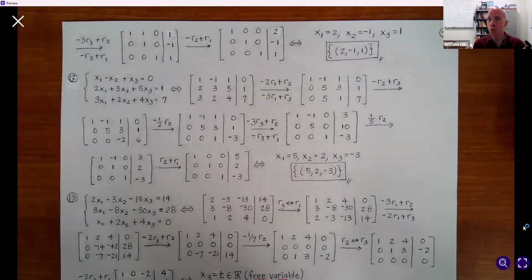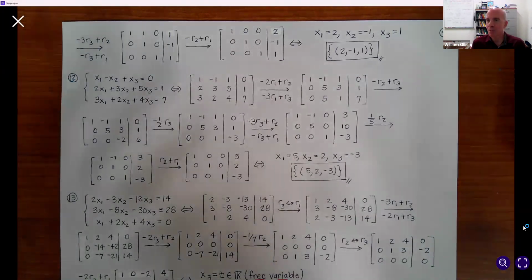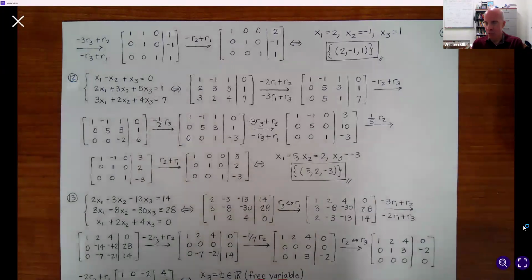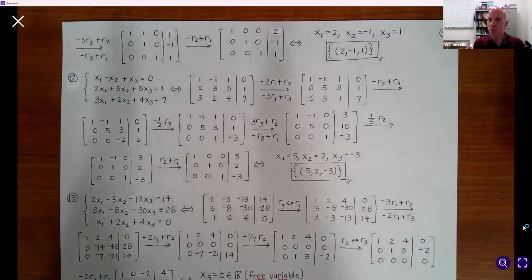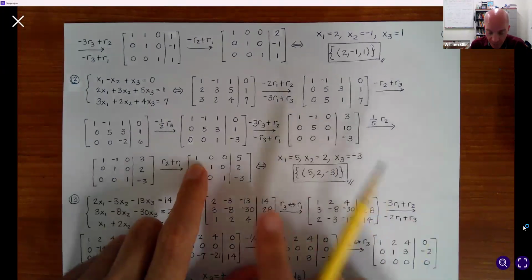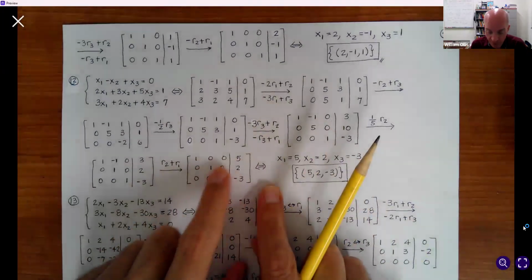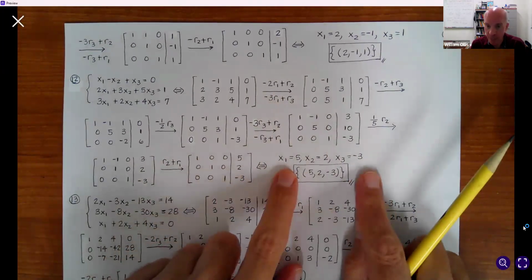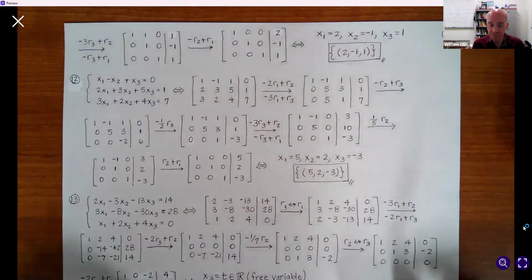But when you're working towards a unique solution, you can pretty much depend on having a fair number of operations. Again, someone else can do the same problem with a different set of elementary row operations, but the execution, if done correctly, should provide the same solution. So now we have x1 is equal to 5, x2 is equal to 2, and x3 is equal to -3, and we have a unique solution.